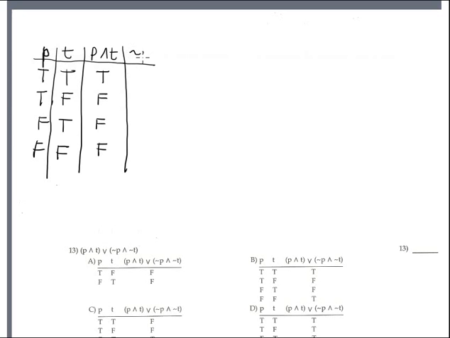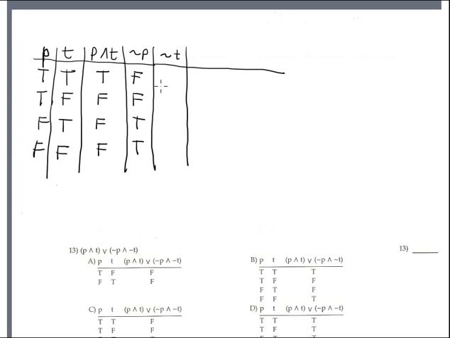Now negation P. Negation P is false, false, true and true. Now negation T. Negation T is false, true, false, true.